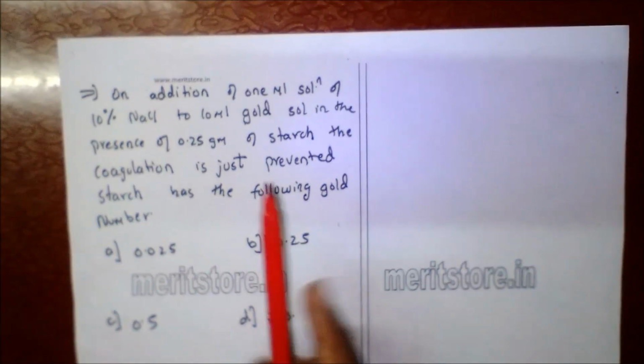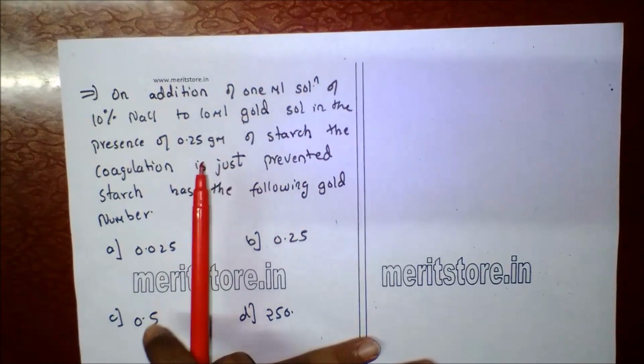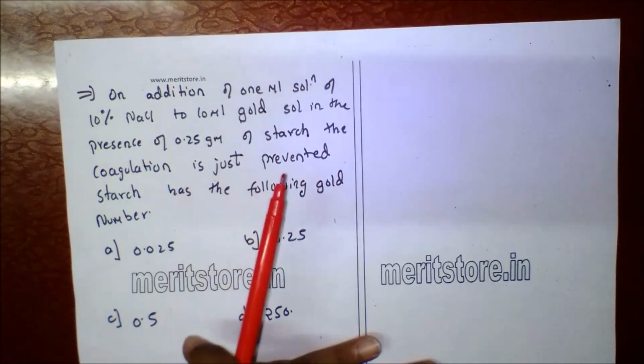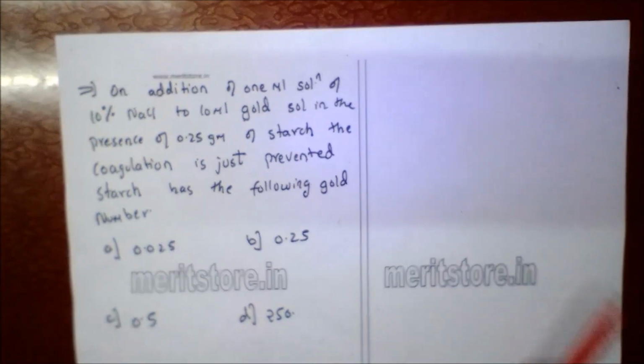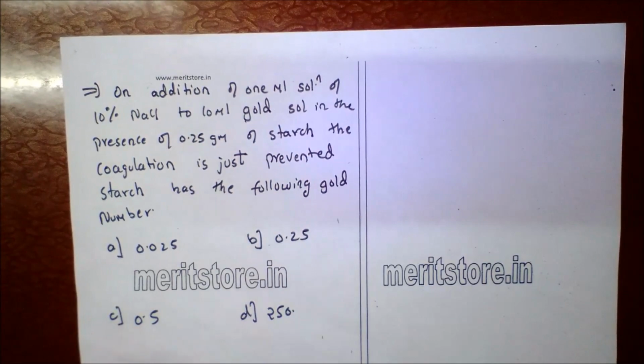On addition of 1 ml solution of 10% NaCl to 10 ml gold solution in the presence of 0.25 gram of starch, the coagulation is just prevented. Now, starch has the following gold number: A. 0.025, B. 0.25, C. 0.5, and D. 250.